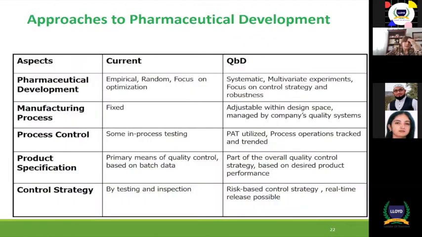So coming back to pharmaceutical development, I won't detail this. This is the difference between the current approach and the QBD approach. I think this is well known, but this is the way of thinking: you preset parameters, systematic thinking, design thinking, and all the possible problems or challenges on the road to reaching our target should be taken into consideration.